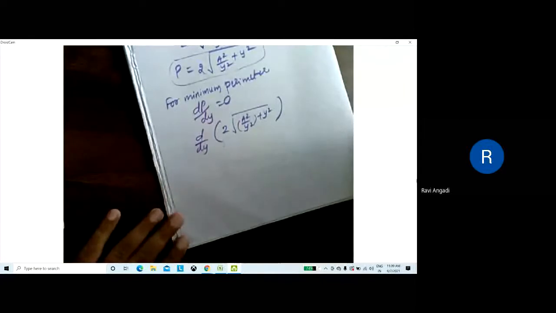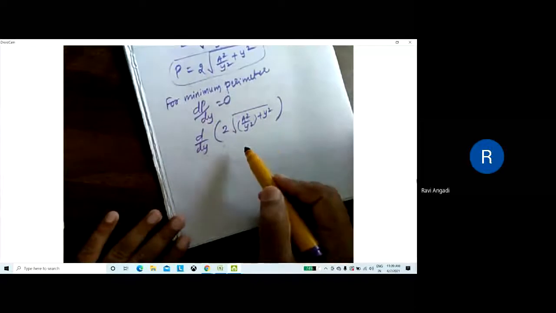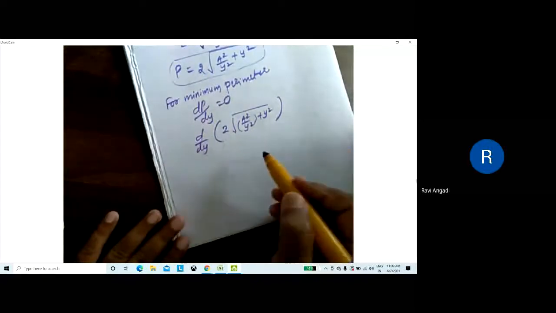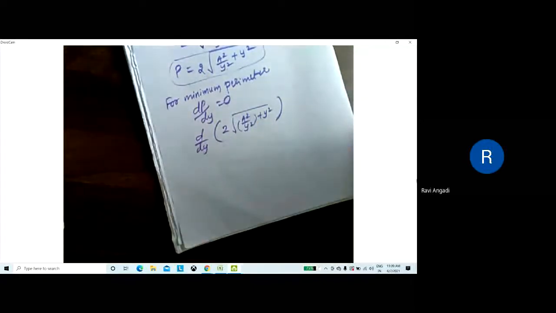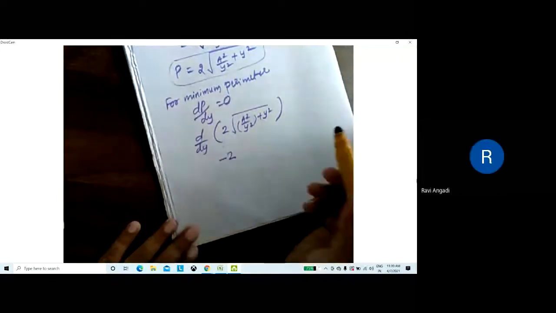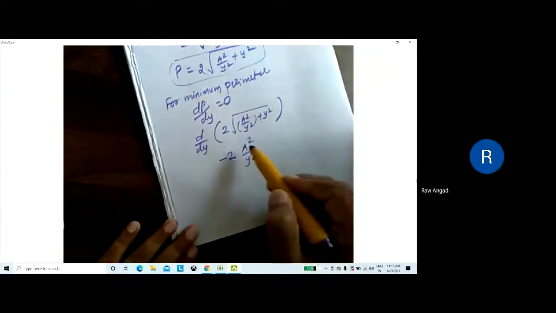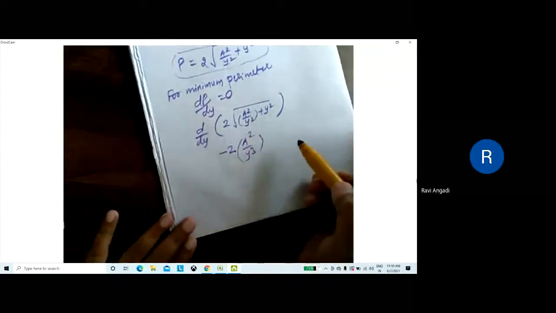What is the differentiation with respect to Y? 2 as it is. The differentiation of A square by Y square is minus 2 A square divided by Y cube. Correct?